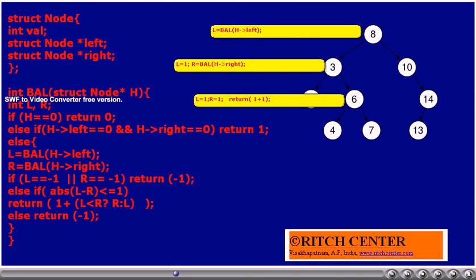As the left and right subtrees of node 6 have the same height 1, this function returns 2 to the previous function.